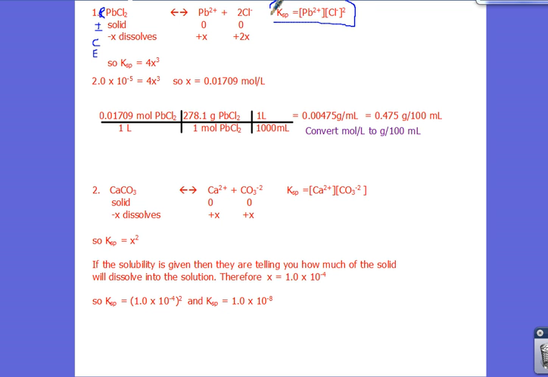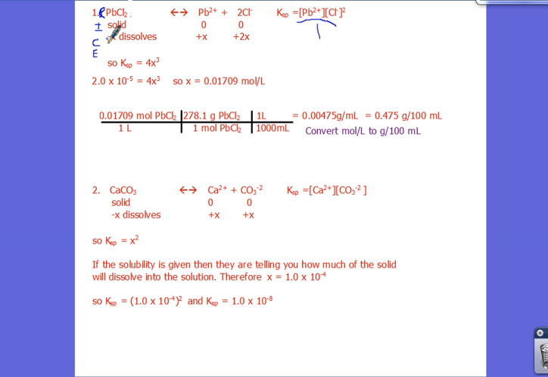Here's the expression. What happened to the PbCl2 on the bottom? Well, we're dividing by 1, because PbCl2 is a solid. So some amount of the solid dissolves. As it dissolves, it produces these ions. These are in terms of molarities.